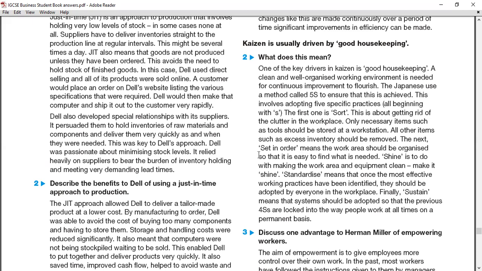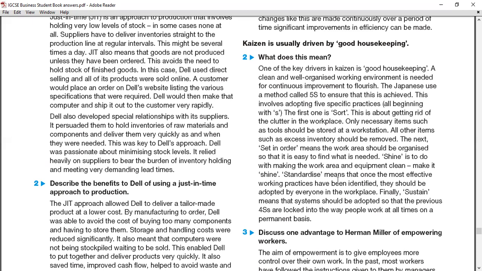And the next is set in order, Seiton, right? The work area should be organized so that things are easy to find and where the work is needed. Shine is another, because you always have to clean it up, right? It's also to do with making the work area and equipment clean. Start your day with cleaning, right?